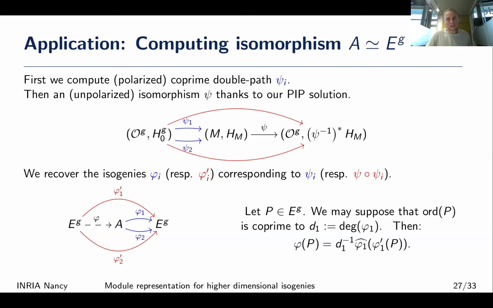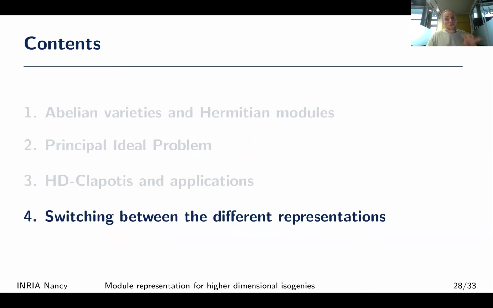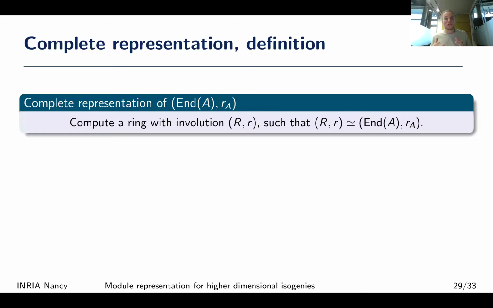So, as I said, this module representation and these tools that we have will now allow us to switch between the different representations that I have. For this talk, I will mainly focus on the endomorphism ring representation, as we have in one-dimensional theory. So I'm going to fix some notation and terminology.